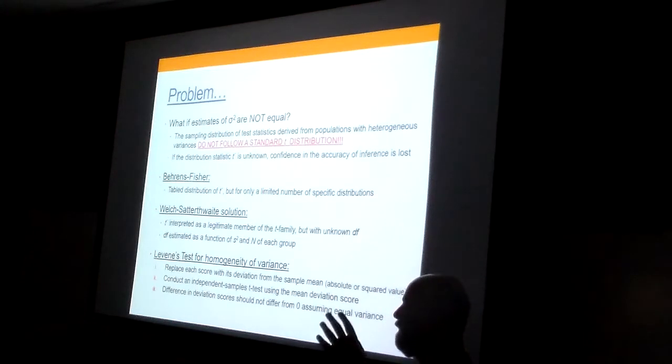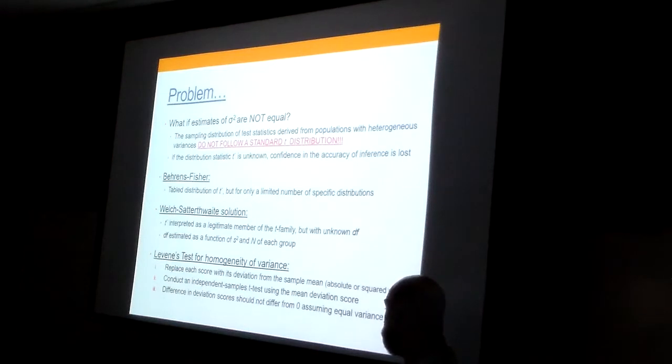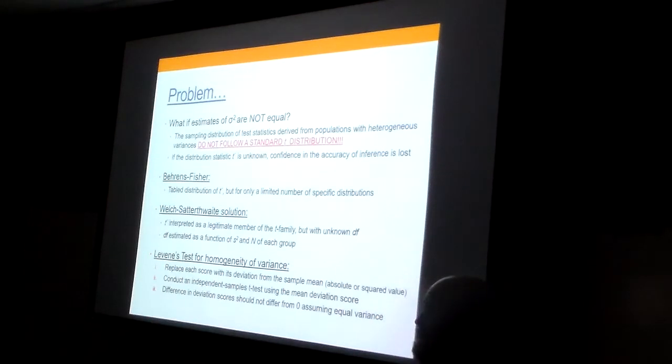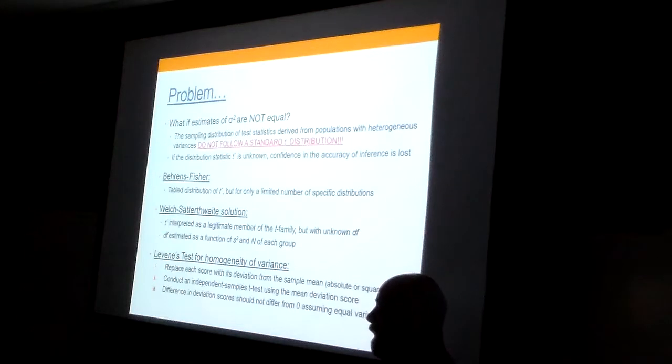And if we find that the average deviation in sample 1 is different than the average deviation in sample 2, what do we conclude? That we've got unequal variances, right? And so assuming that we have equal variances, the difference in our deviation scores should not be different than 0. This is what Levene's test is doing in the background, okay?